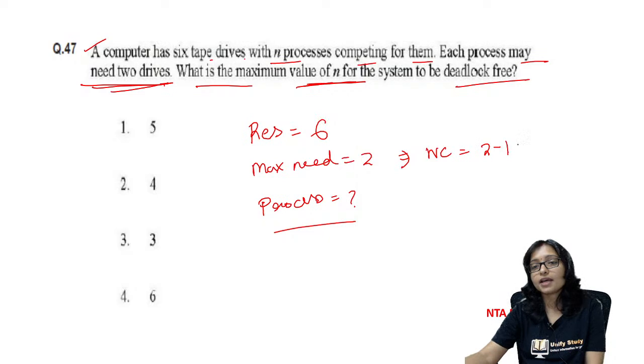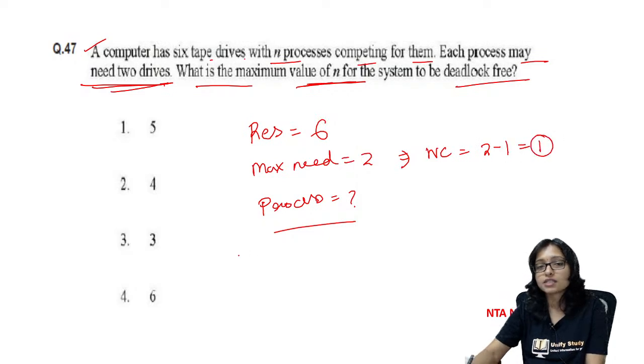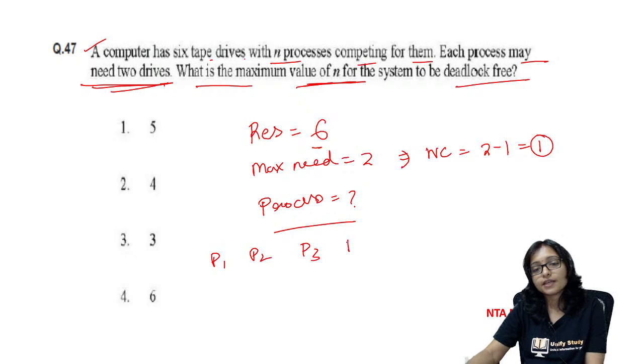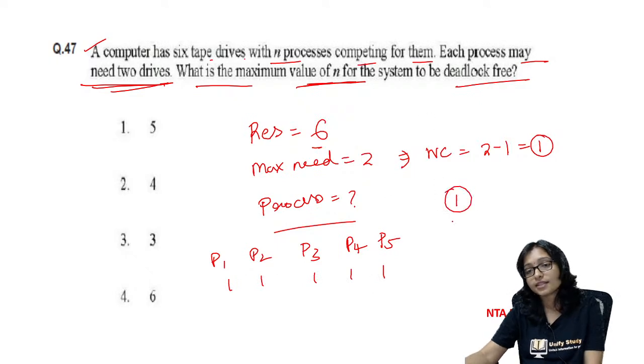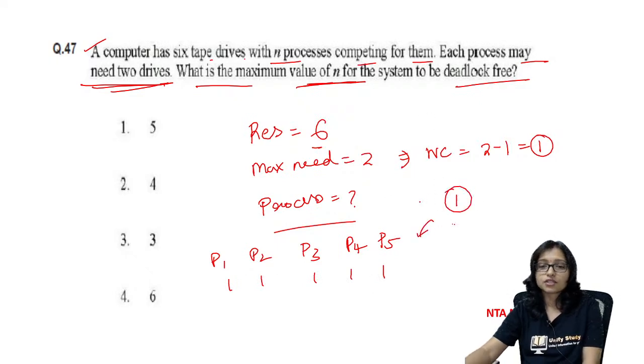Maximum need minus 1, that is 1, is the worst case. Now in the resources, I will distribute to P1, P2, P3, P4, P5, 1, 1, 1, 1, 1. After that I need an extra 1 so that I can allocate. So definitely there will be 5 processes, right?